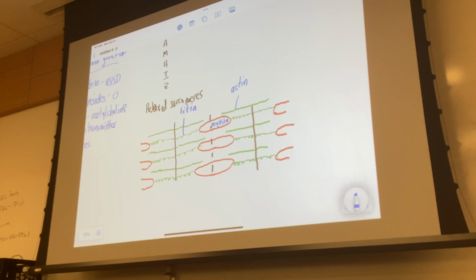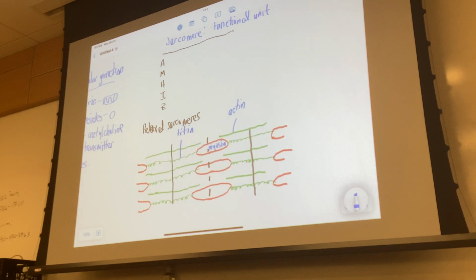Now I want to label this, and there are 5 parts to this. The M is the middle of the sarcomere, and the end of the alphabet is Z, and so that's the end of the sarcomere.